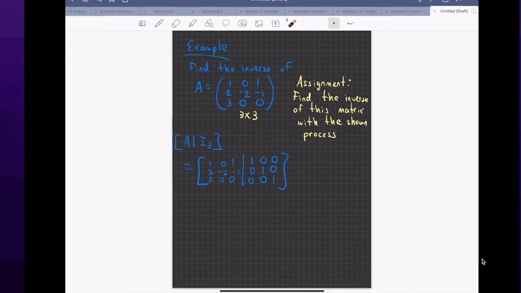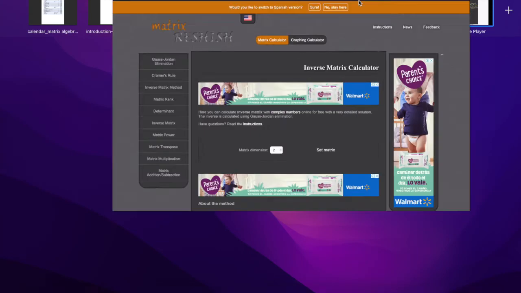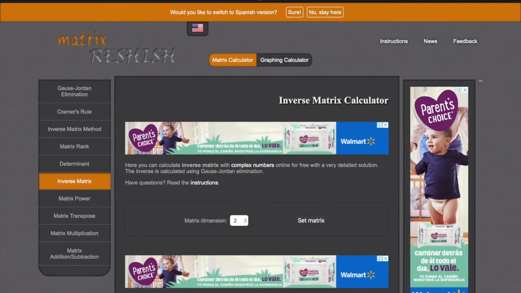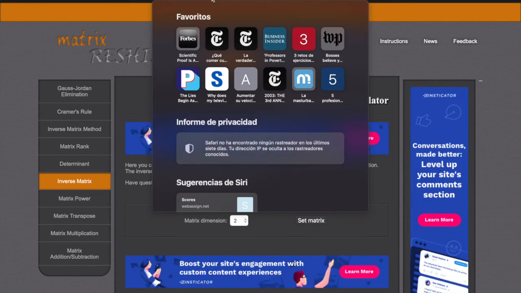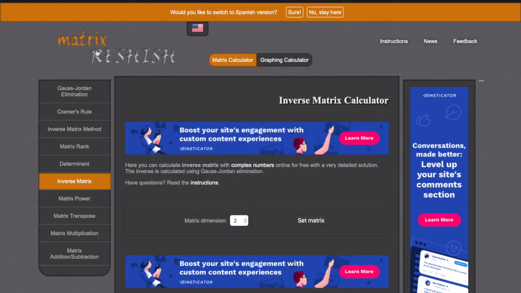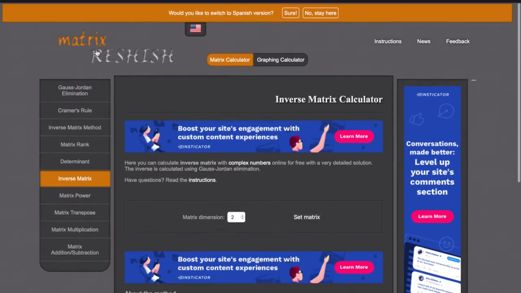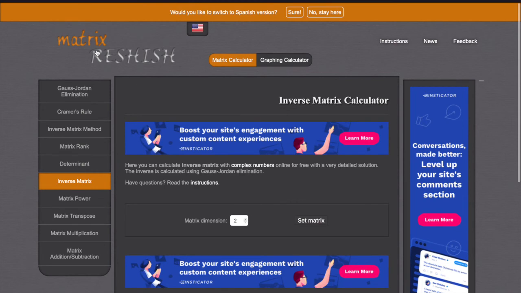I recommend this web page that is called Matrix Calculator, or type on Google matrix calculator inverse, and that's all. But this one seems to be good. So how does it work? You can use this to do the assignments on Webwork.